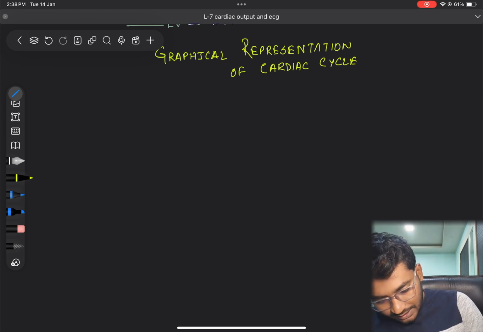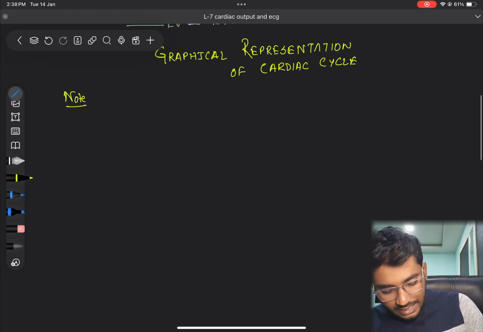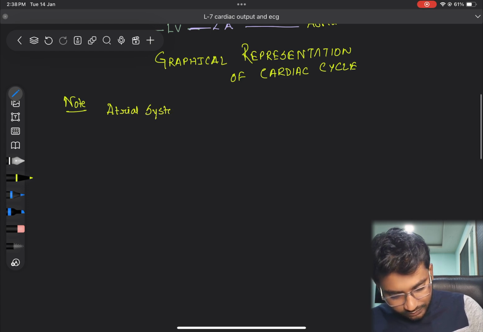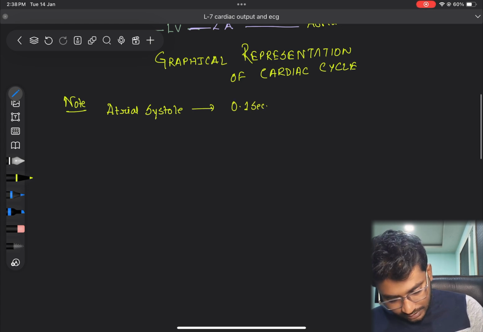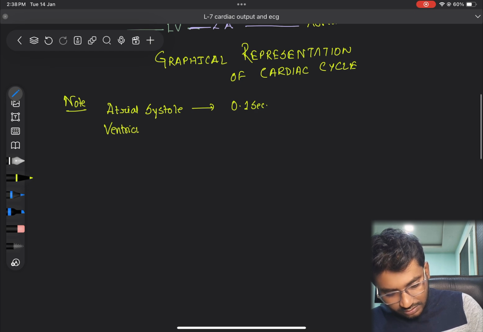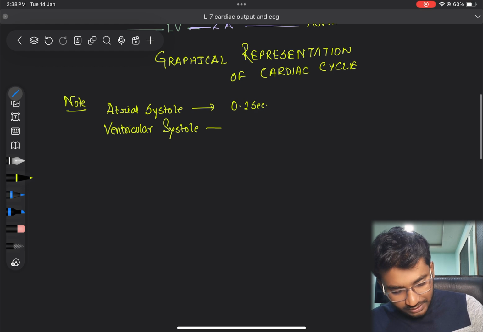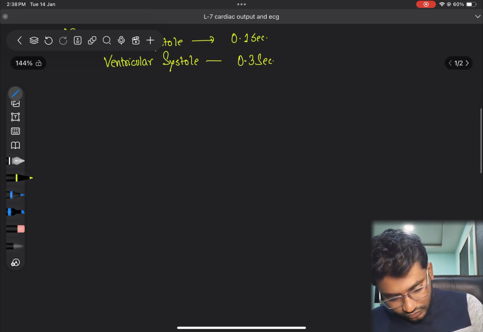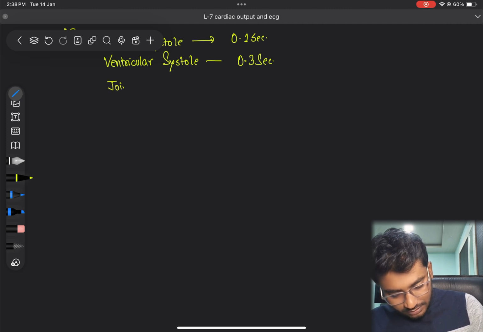Just make a note that the atrial systole is of 0.1 second. The ventricular systole consists of 0.3 second, and the joint diastole comprises 0.4 second.